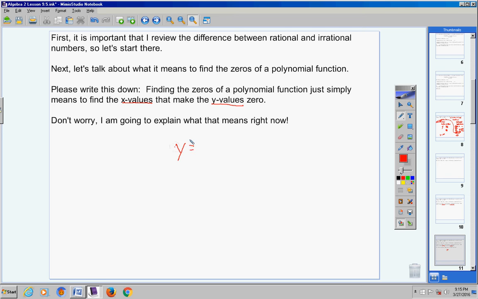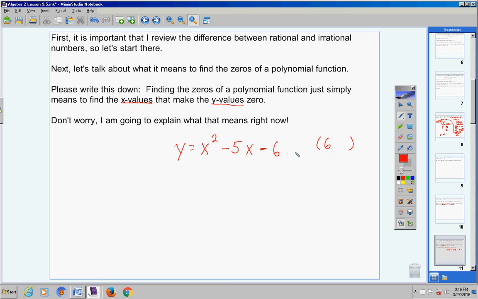Here's what I mean by the x values that make the y value 0. Copy this down, please. Okay, now, would you please watch what happens when I substitute a positive 6 in, okay?